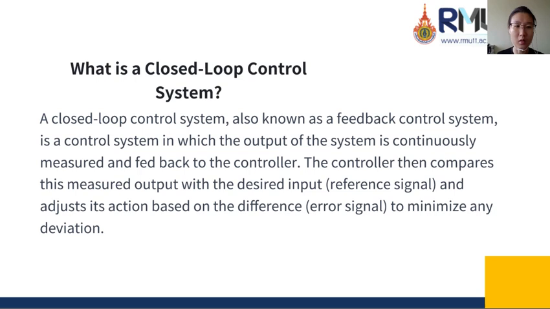What is a closed-loop control system? A closed-loop control system, also called a feedback control system, is a control system in which the output of the system is continuously measured and fed back to the controller.